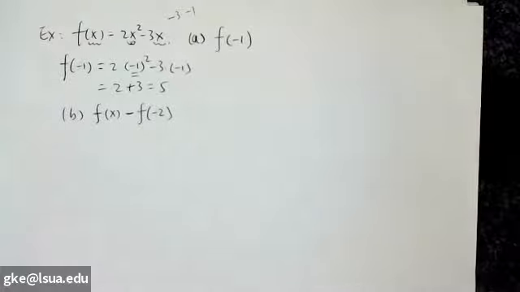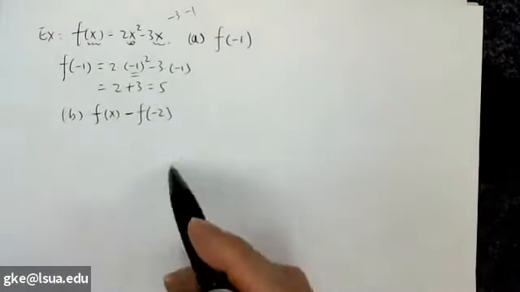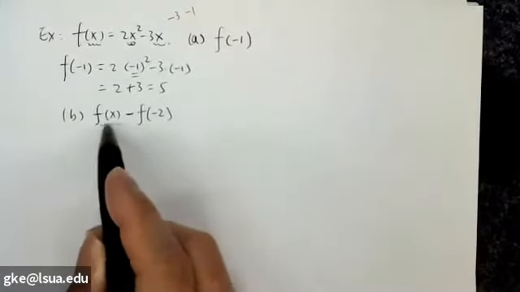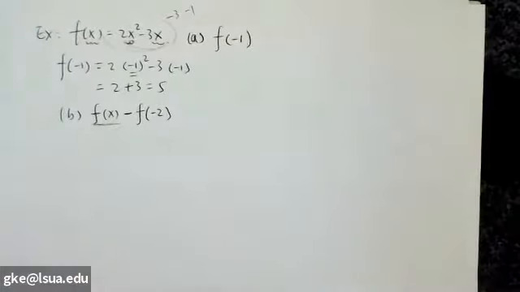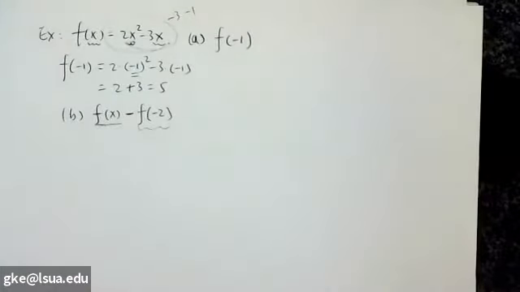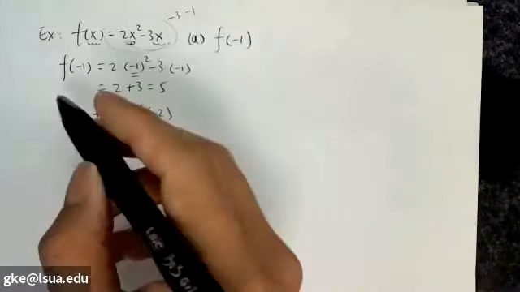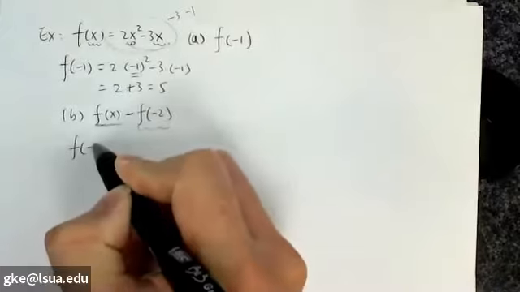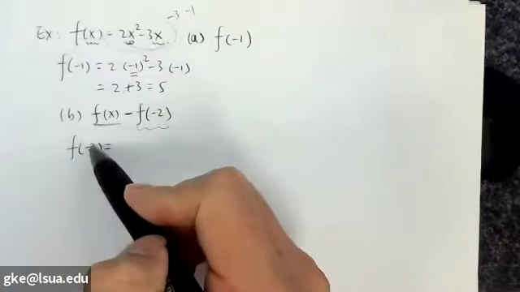Okay, so let's take a look at these problems. Here, f(x) is this expression. The point is how to calculate the second term, f(-2). What we're going to do is replace the x by negative 2.